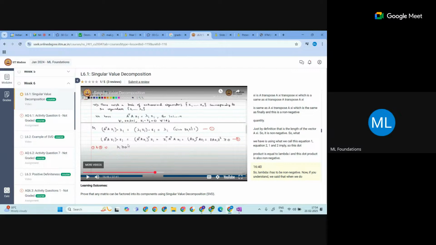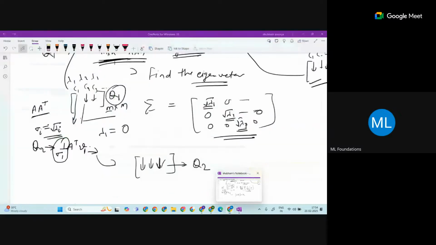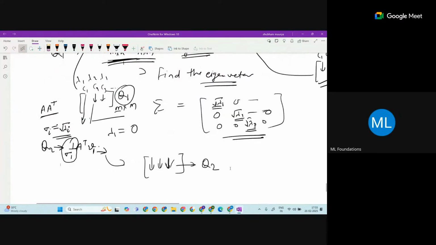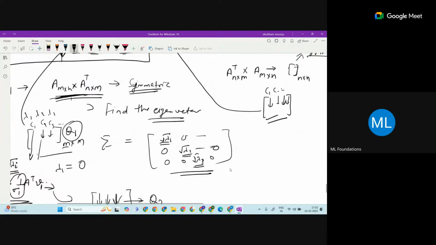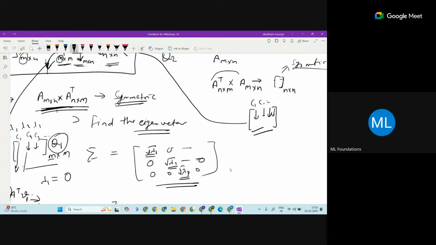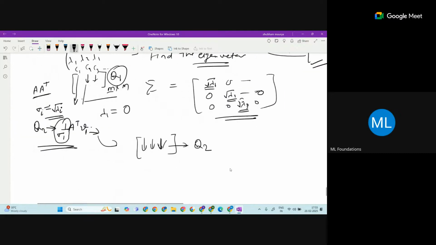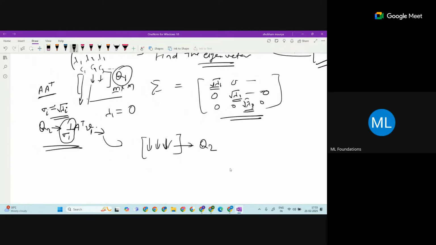So in case of 0, we can follow this previous method, whatever I said: find the A transpose and fill it in as our Q2. But if each lambda is non-zero, we are getting only the positive eigenvalues of A transpose.